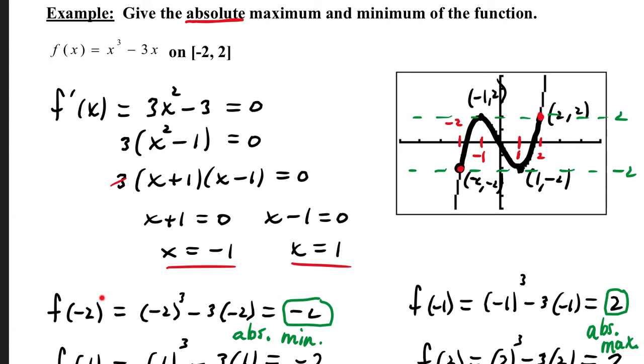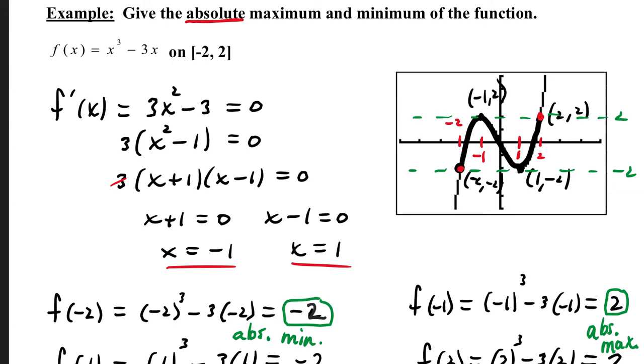If you look down here at the very bottom of your screen, f of -2 is one of your endpoints, and it gives a value of -2. Let me fix the ink on that. F of +2 is the other endpoint, and it gives a value of +2.